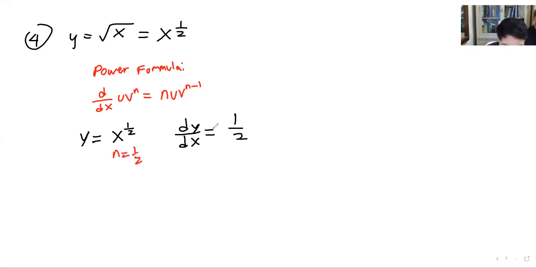So 1/2 x to the power of 1/2 minus 1. So what's 1/2 minus 1? It's negative 1/2. When the exponent is negative, the variable goes in the denominator, and vice versa. And when it's 1/2, of course, it will be a square root. So it's 1 over 2 square root of x.